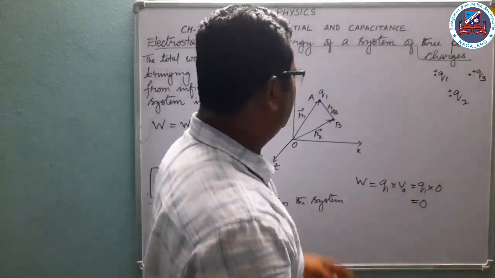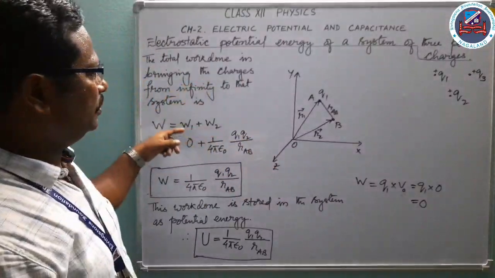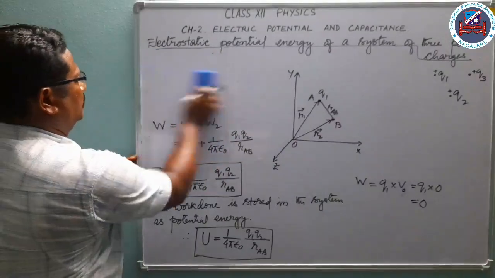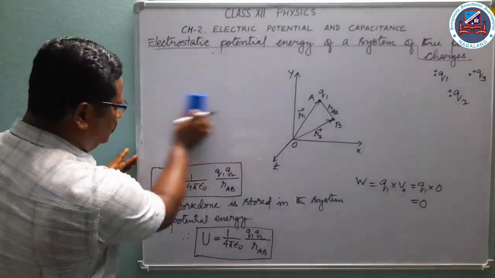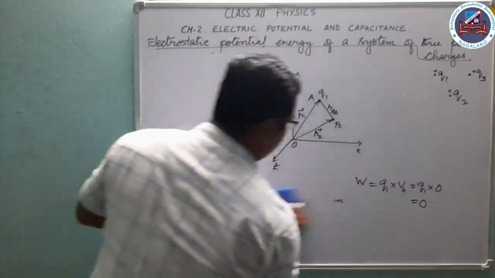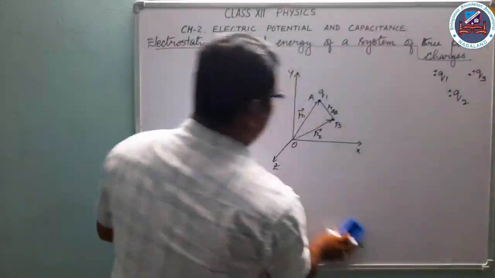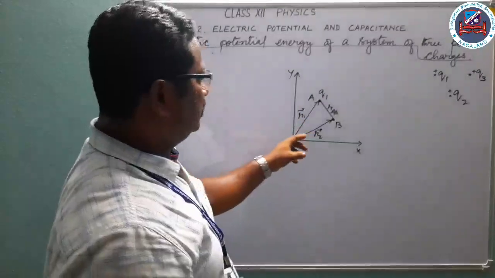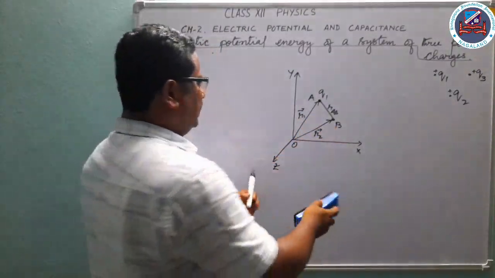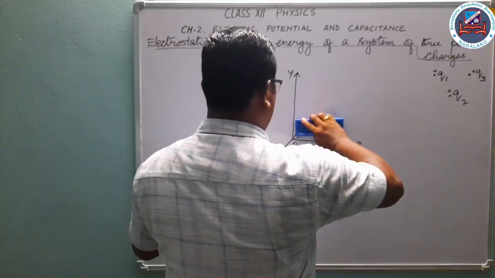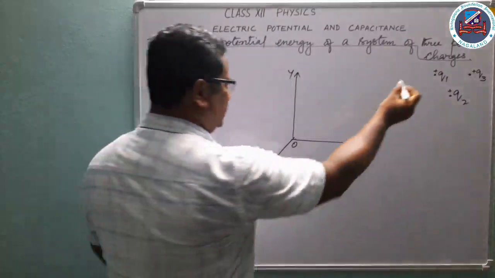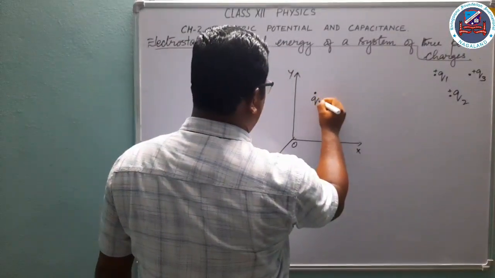Now like how we proceeded before, we'll do in the same pattern. First we'll bring Q1. To make our diagram easy, we'll not take these position vectors. We'll take the coordinates. Suppose we brought this Q1 here first.